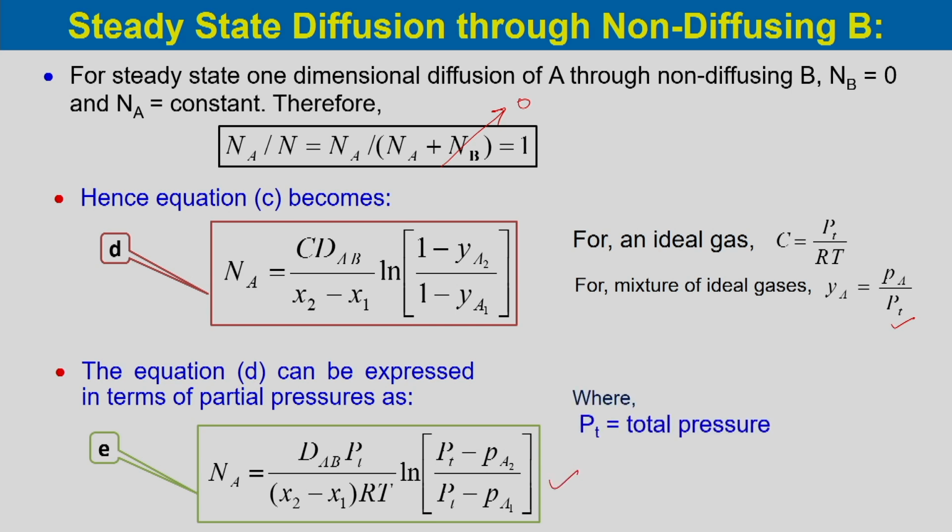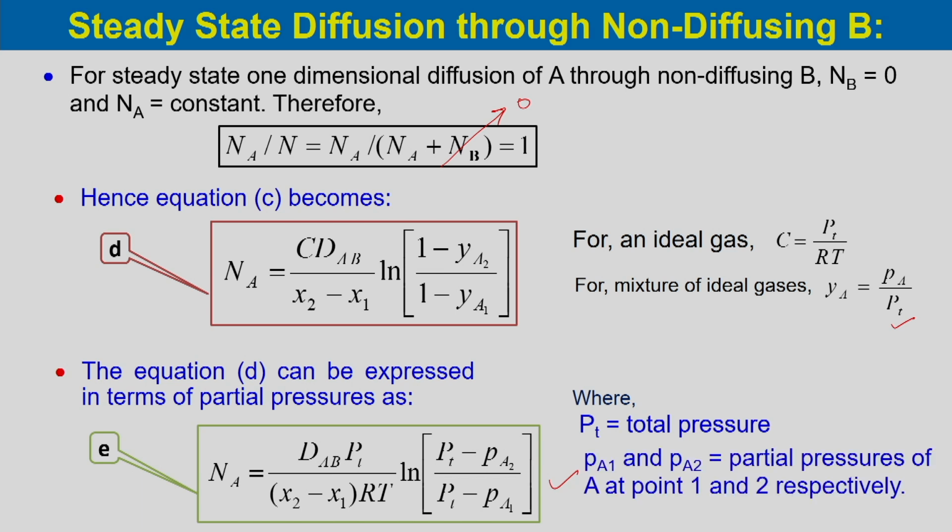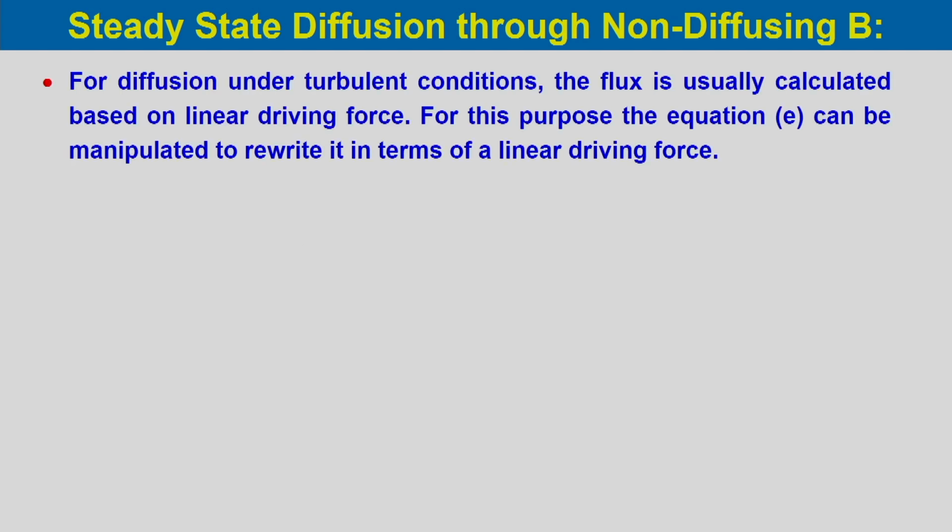where Pt is the total pressure, PA1 and PA2 are the partial pressures of A at points 1 and 2 respectively. For diffusion under turbulent conditions, the flux is usually calculated based on a linear driving force. For this purpose, the equation E can be manipulated to rewrite in terms of a linear driving force.